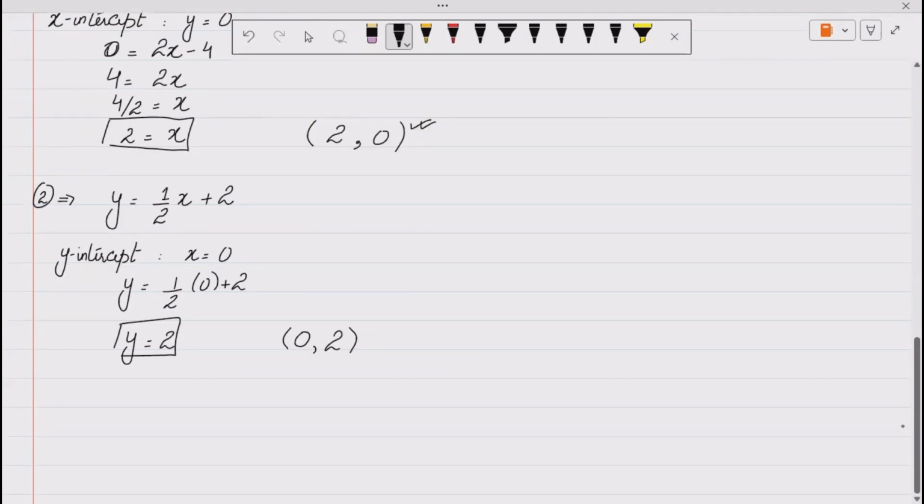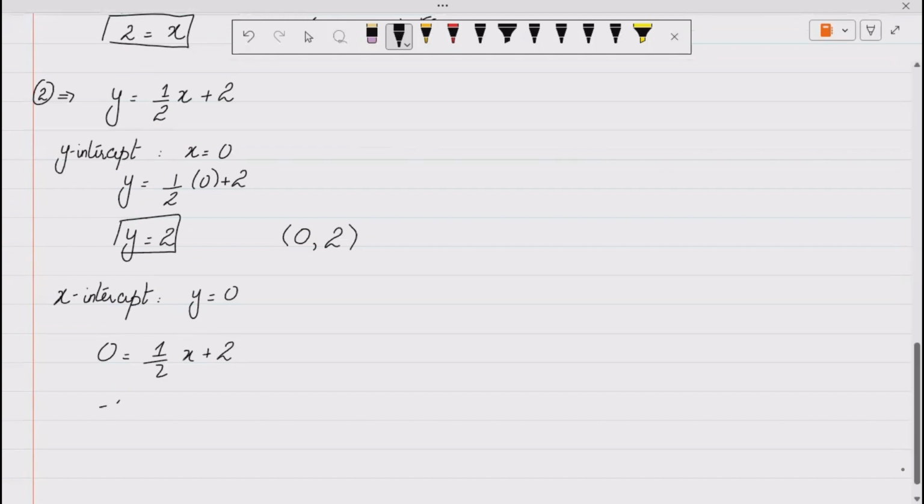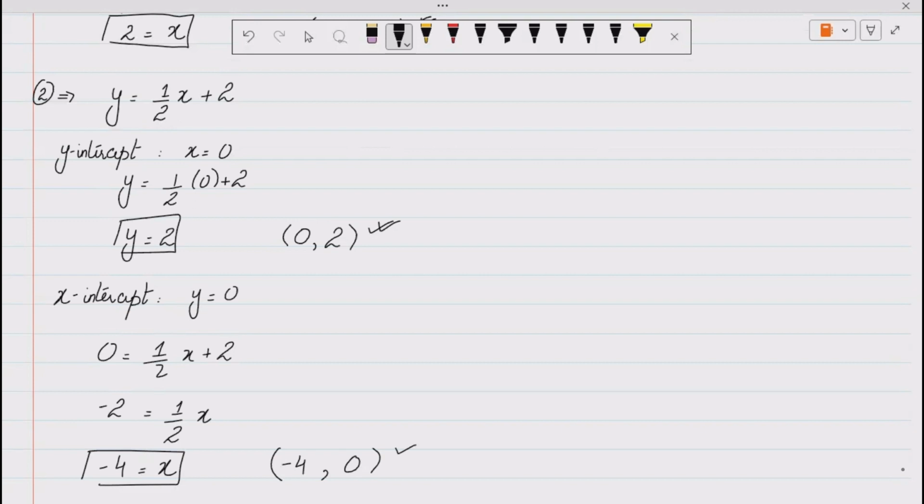Okay, let's do the x-intercept. It means y is 0. So when y is 0, half x plus 2 equals 0, this 2 goes here and becomes minus 2, half x equals minus 2, and this 2 in the denominator goes there, multiplied with minus 2, becomes minus 4. So x is minus 4, y is 0. So these 2 points are for equation 2.